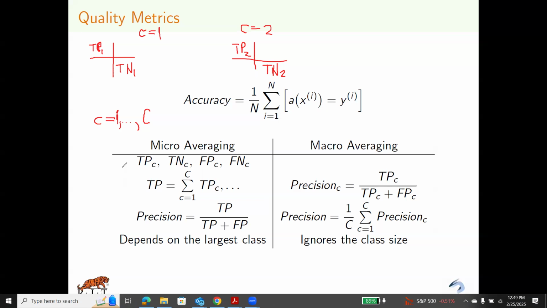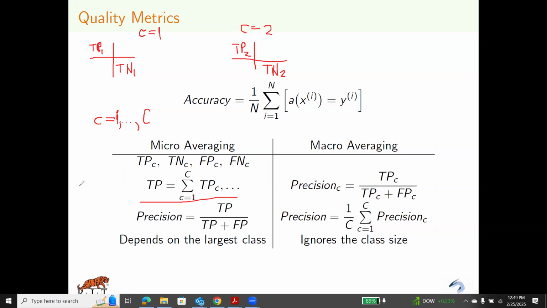Let's think about the differences. What if I have a very small, underrepresented class, for example, with just 5 points and other classes with hundreds of points? What can you tell about the final precision if in the numerator we just use the sum of true positives over all classes?